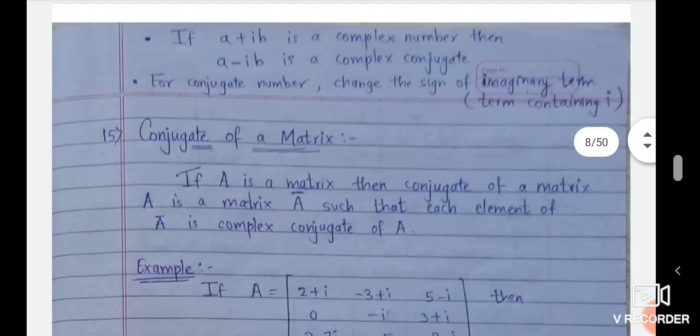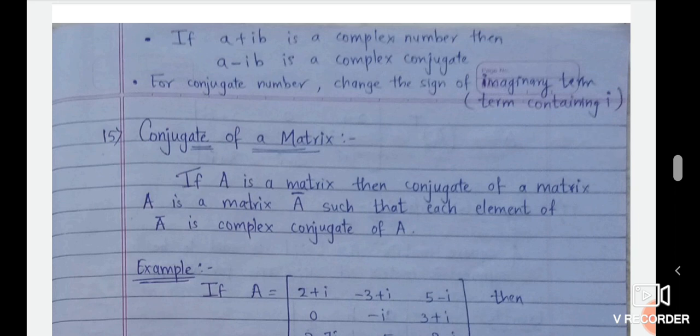For the root of minus 4, first find the root of 4, that is plus or minus 2. Then you have the root of minus 1. So the root of minus 1 was called i, the imaginary number. So the value of i is root of minus 1.